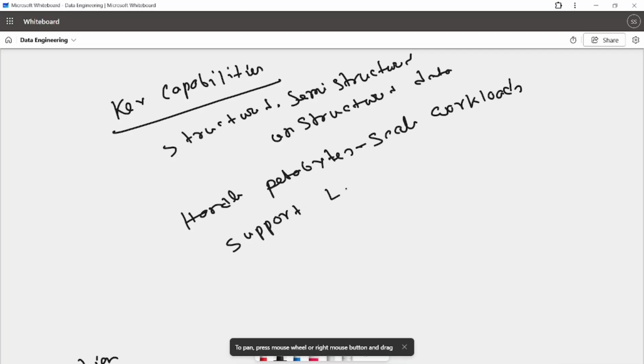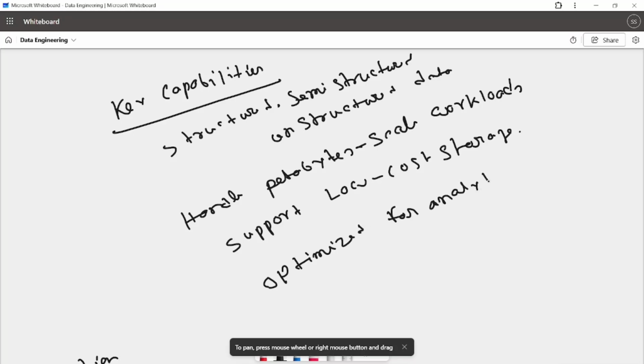Then it is optimized for analytics and big data processing. These are very important concepts, guys.